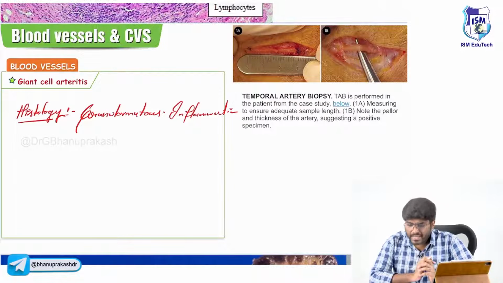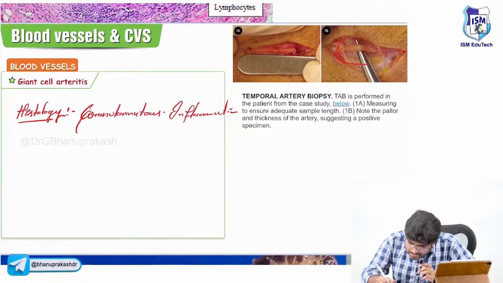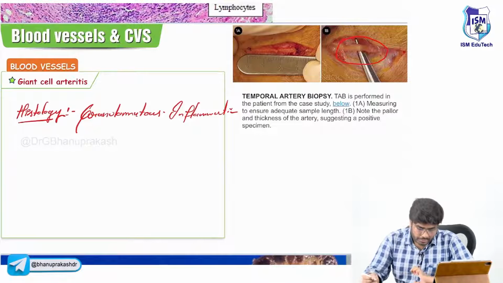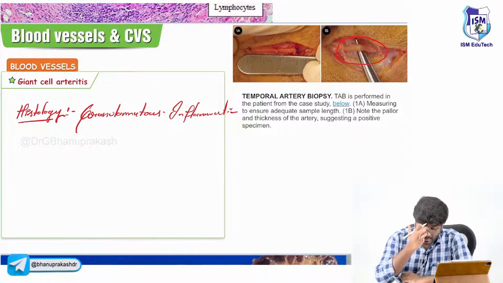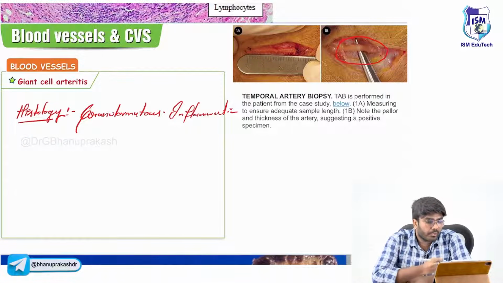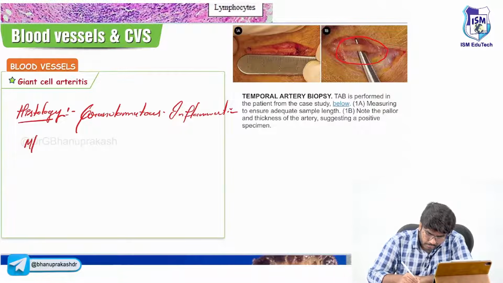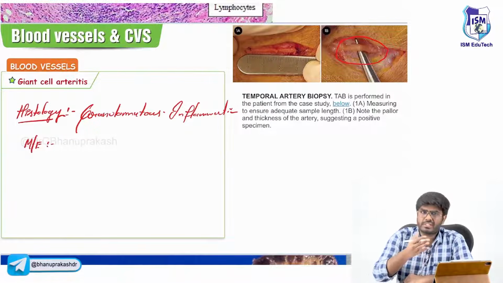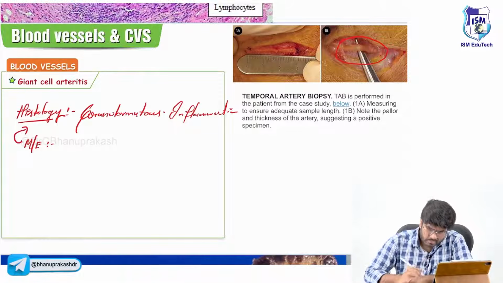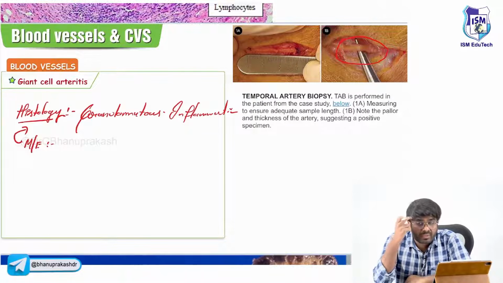Okay, now how to put the diagnosis? See, this is the temporal artery, sir. Now what you need to do is microscopic examination first. The histology is microscopic only, no? So to take this blood vessel, first you need to do the biopsy. You need to take this blood vessel.